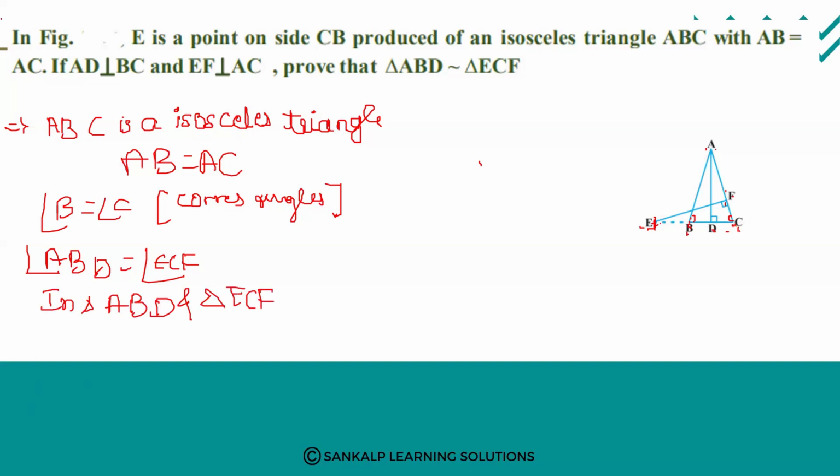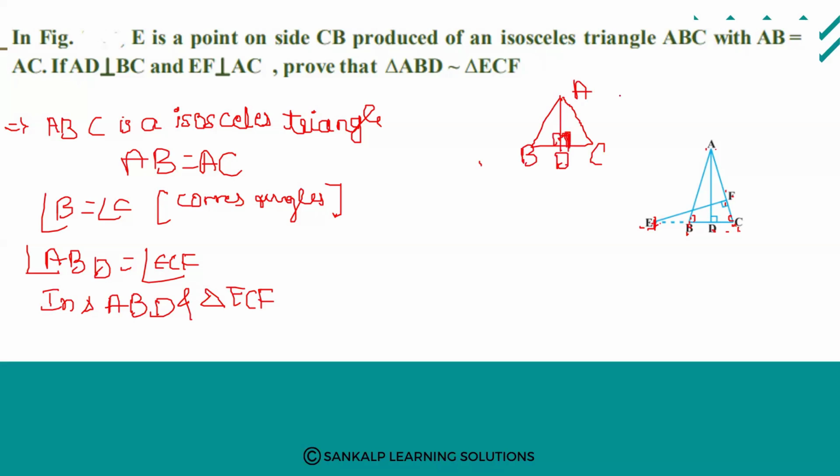So observe carefully what they have given. See here, AD is perpendicular to BC. Where is AD? AD is perpendicular to BC. That means BC is the base. If you draw AD perpendicular to BC, it makes a 90 degree angle here. Here also 90 degree.